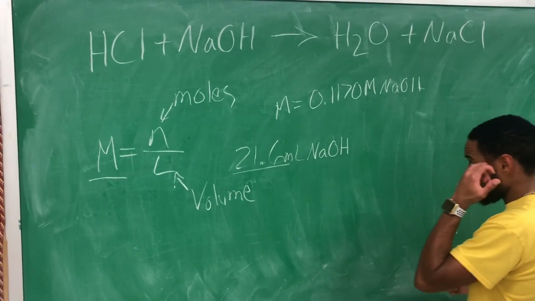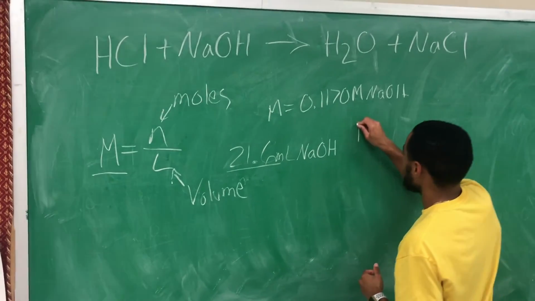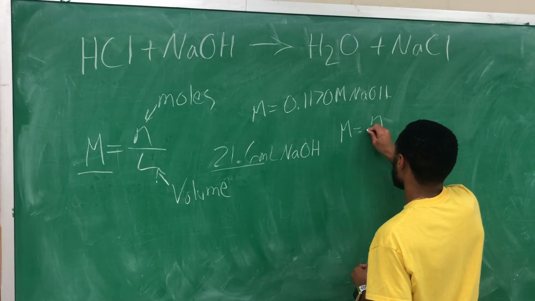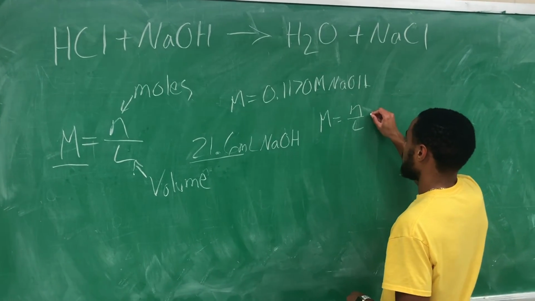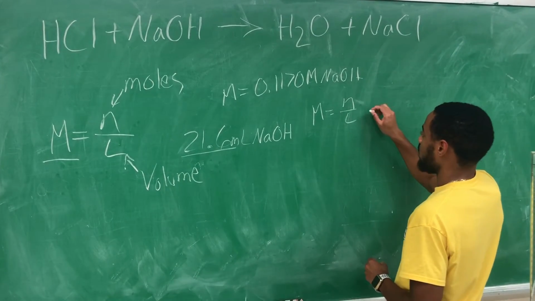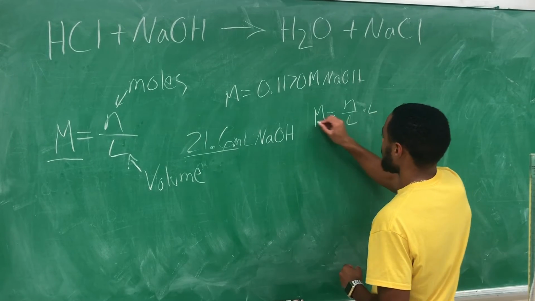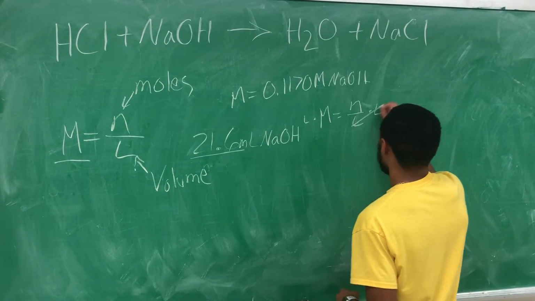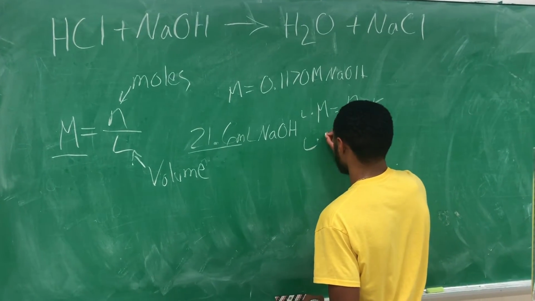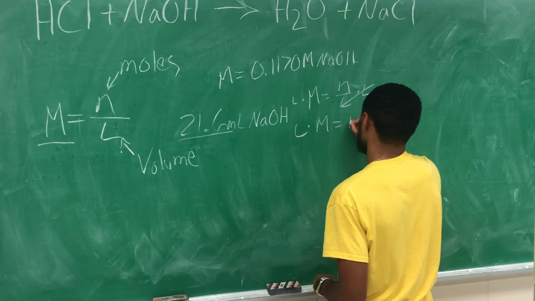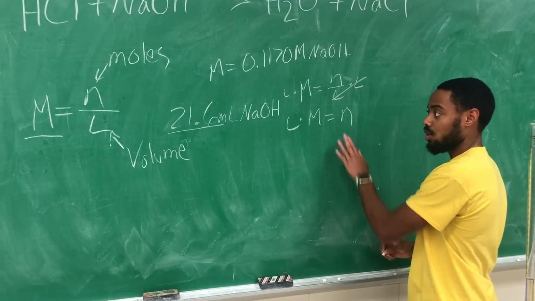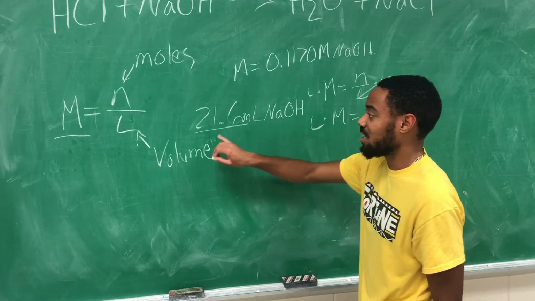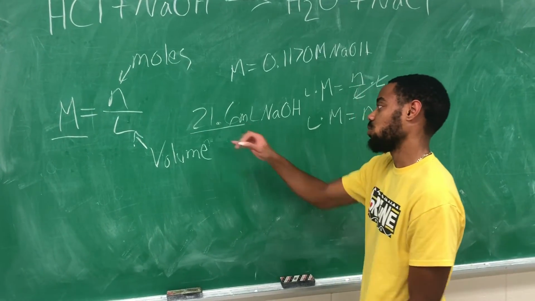If the formula is M equals N over L, you want to get the N on one side because we're trying to find the moles. So you multiply both sides by L. So L times M equals your moles. Like I said, it has to be in liters, not milliliters, so you want to convert that.